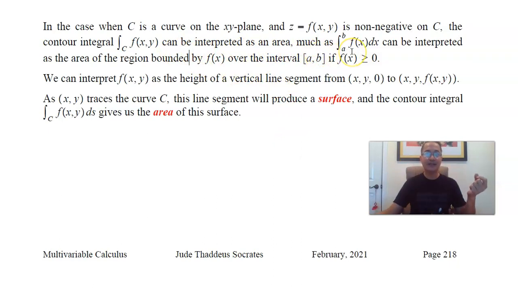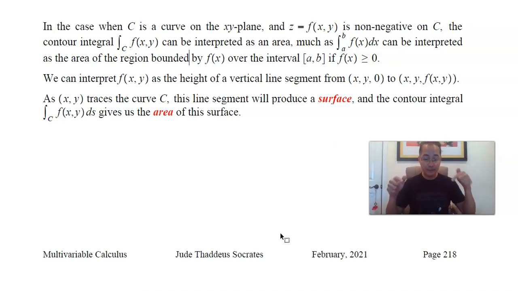Just like the definite integral can be thought of as an area if our function is non-negative. Why is that so? Because over xy, you are going to get the point xy, f of xy. As you move along a curve, your height might change, and you won't be going necessarily along a straight line.